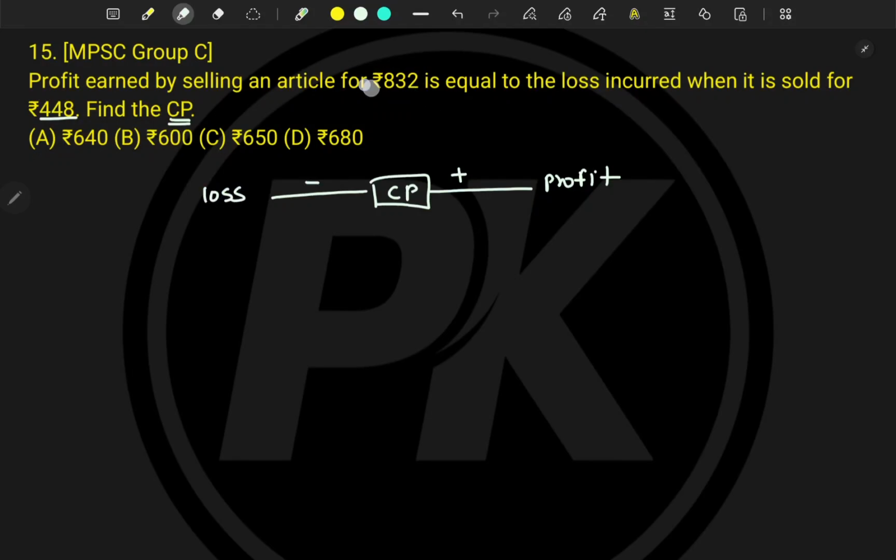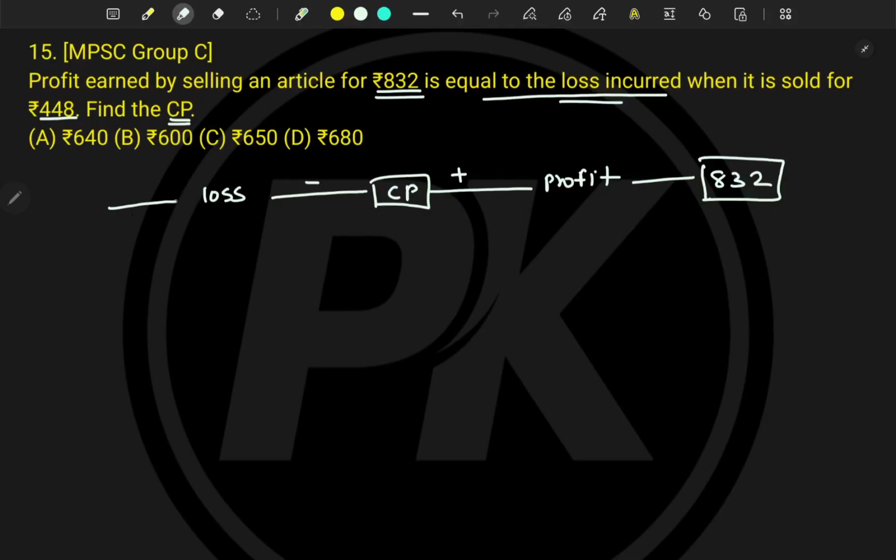Now here, when I'm selling this article for rupees 832, this is my selling price, with this profit. 832 is equal to the loss incurred.